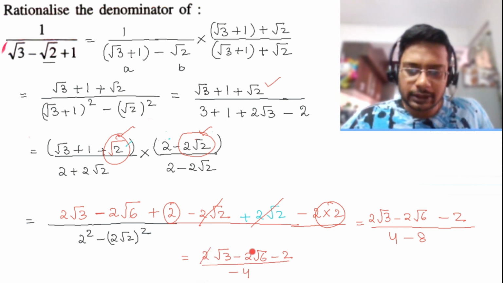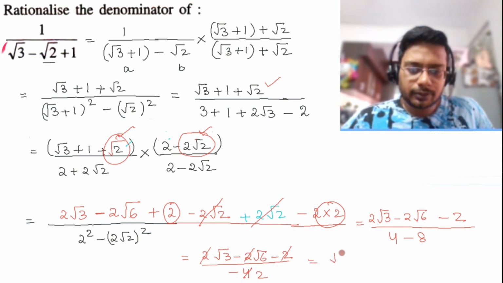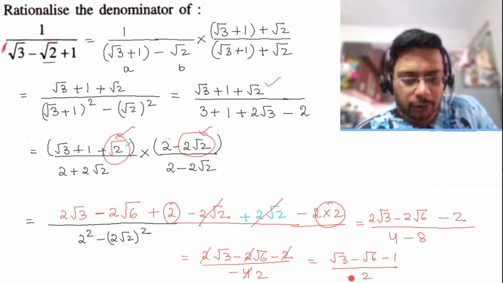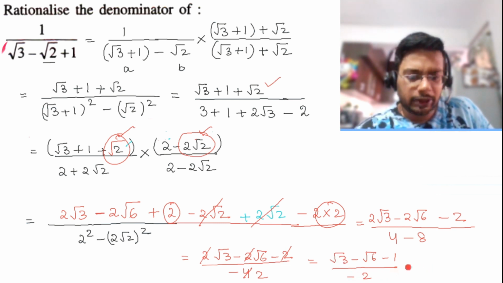You can cancel with 2. So root 3 minus root 6 minus 1 divided by minus 2. If you want to take minus in the numerator, you can do that. It's your choice, or you can just leave it like this.